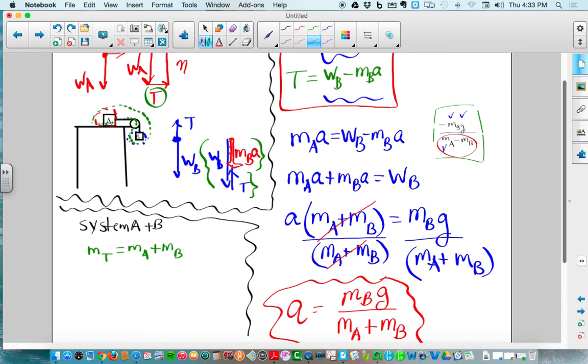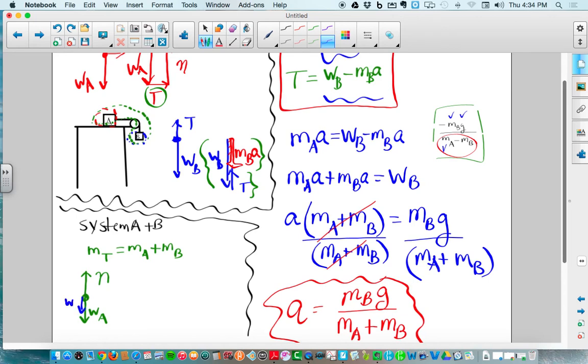All right? So what we have then for our vector sum diagram, and this is a little weird, but I'll do my force diagram first. I got normal force going up. I got the weight of object A going down, but I also have the weight of object B going down, right?